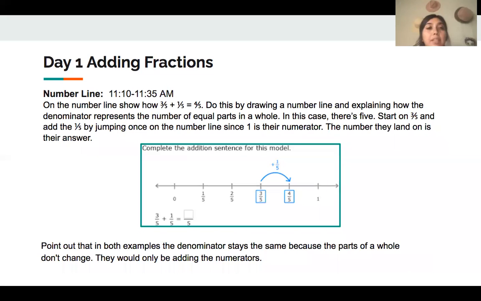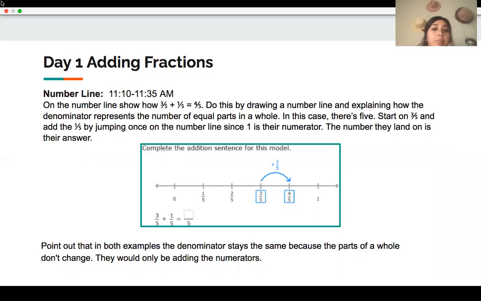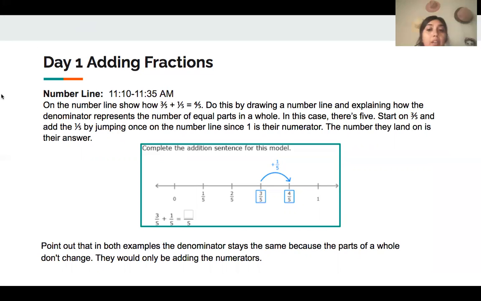So on the same day, students will get a second example of adding fractions by using a number line. For the problem, we'll be using 3/5 plus 1/5, and that will be on the number line. So when creating our number line, students will look at the denominator because that's going to be the number that represents the number of equal parts in the whole.